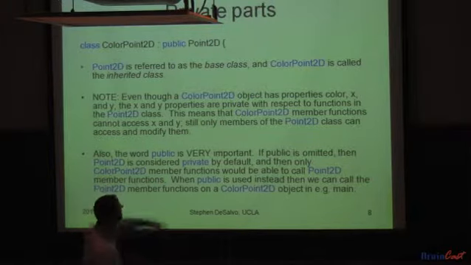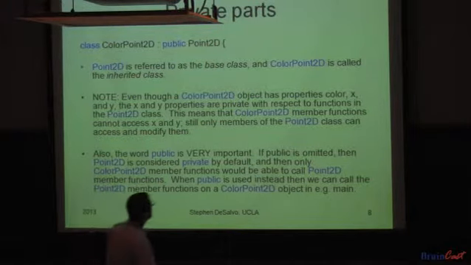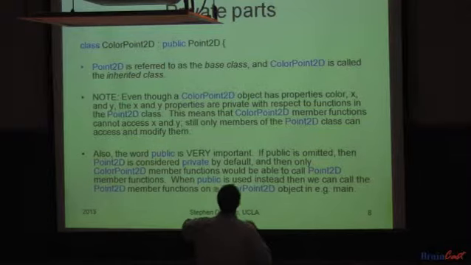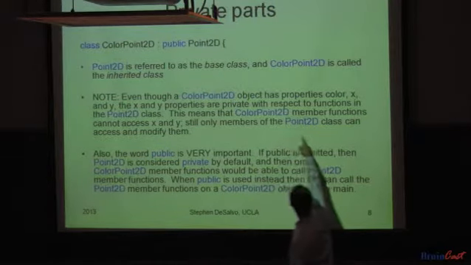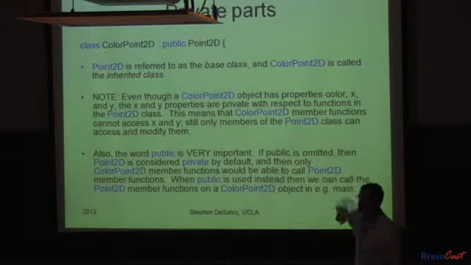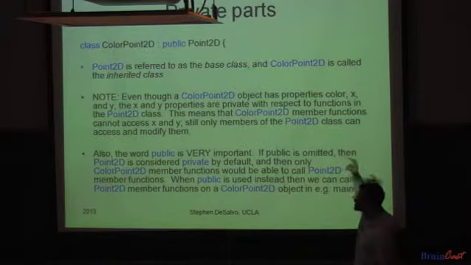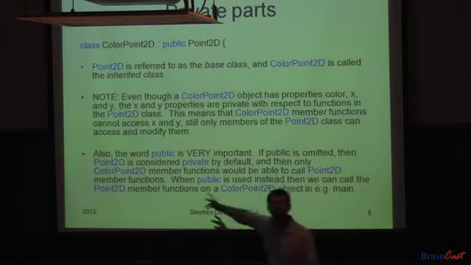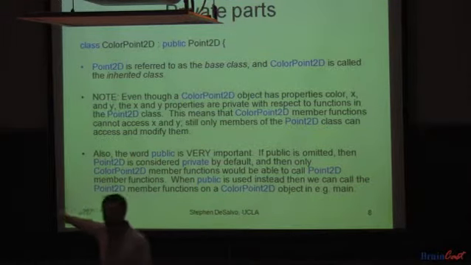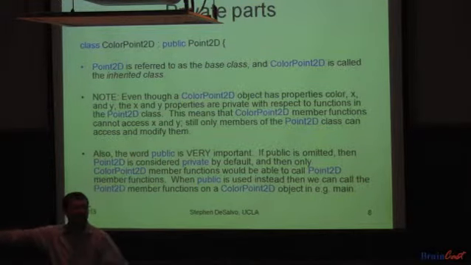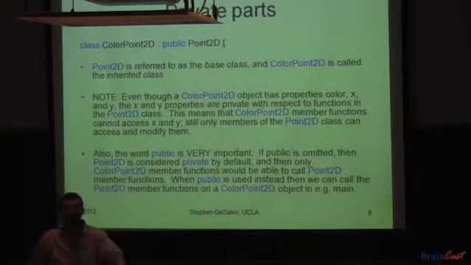Now, only member functions of the point2d class can access and modify the values of x and y, the private variables. But what can color point2d call? What can any function or which part of the class can everybody see?